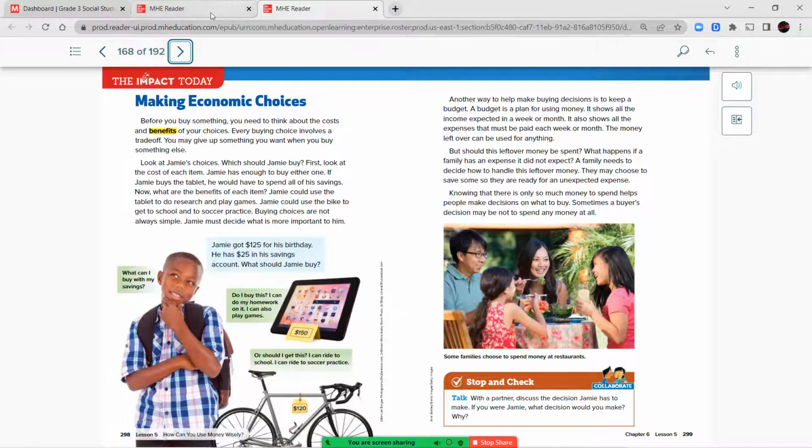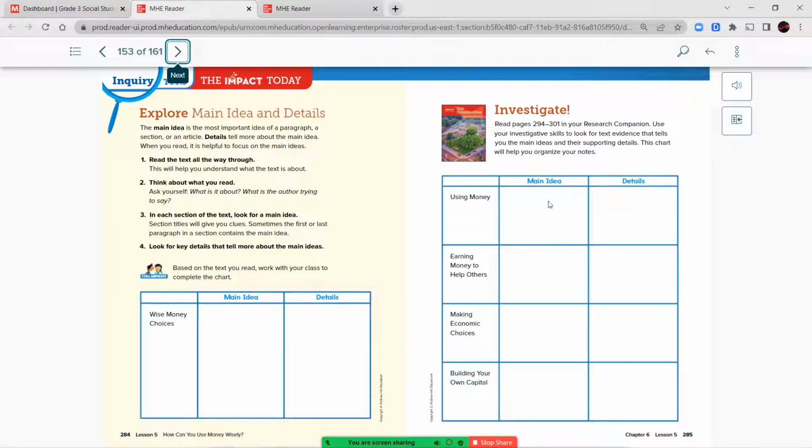Now let's go ahead and jump into our graphic organizer again, where it says making economic choices. So the main idea here was that before buying something, we need to think about the costs and the benefits of those choices. Some of the key details that we looked at are that using a budget helps people make choices.